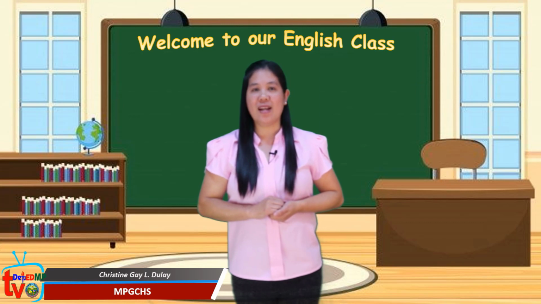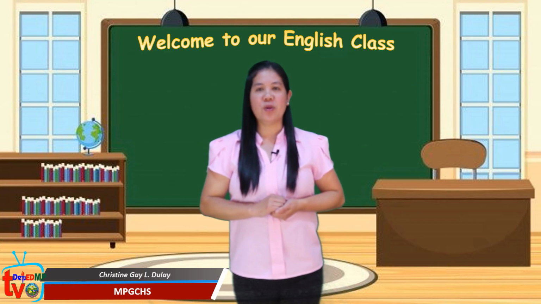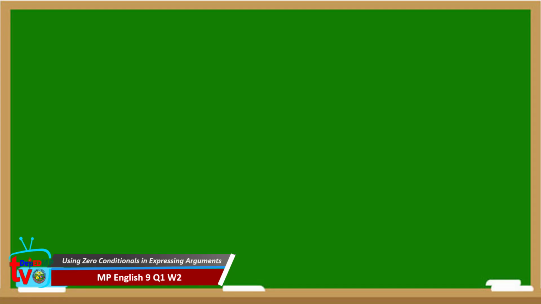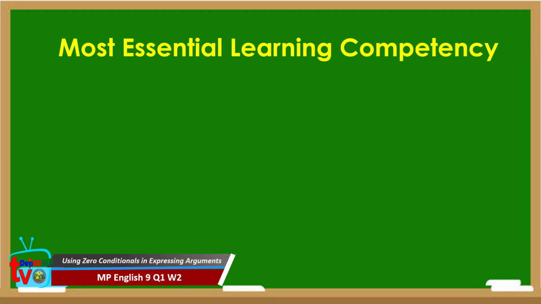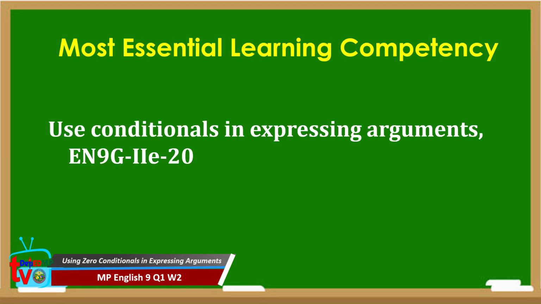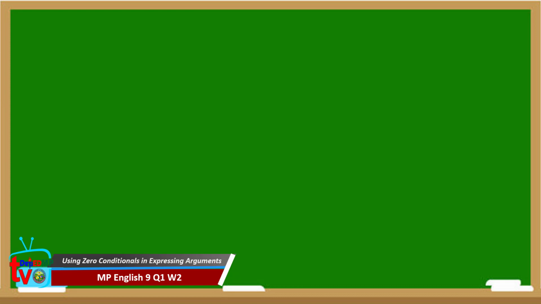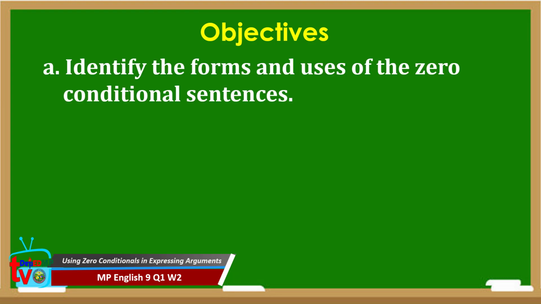Before we begin with anything, let's run through the objectives that will guide us all throughout our lesson. Our lesson is based on the most essential learning competency, which is use conditionals in expressing arguments. Specifically, you are expected to first identify the forms and uses of the zero conditional sentences.